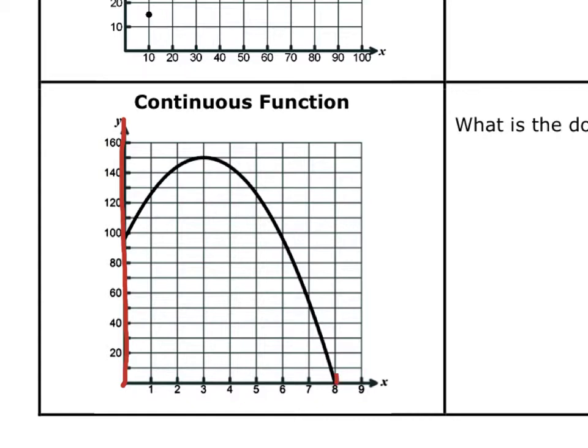So I'm going to draw a vertical line at 8. Next I'm going to see how far it goes down. We see that it stops at 0, so I'm going to draw a horizontal line across, and then I'm going to follow it all the way up, and I see that at its peak it goes through 150. So now that I've boxed it in, I should be able to figure out what my domain and my range are.